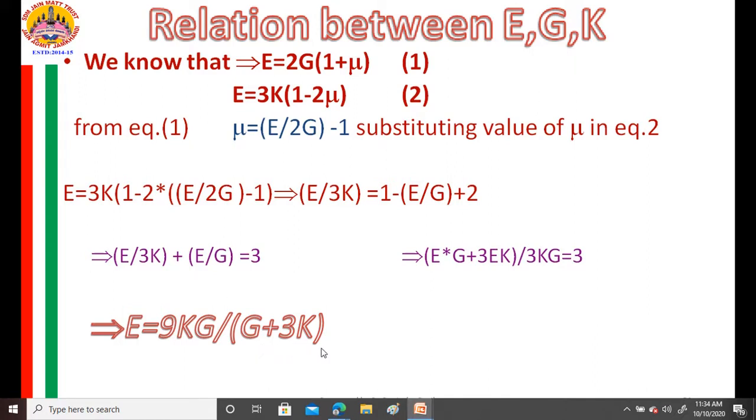Yes, out of these three relations, if anybody has got any doubt, I will wait for 1 minute and I will continue.